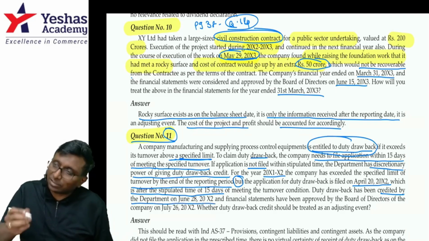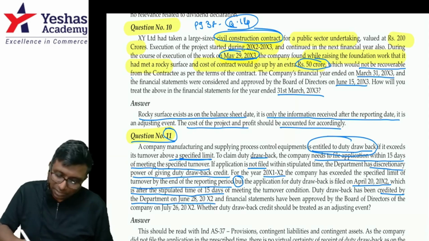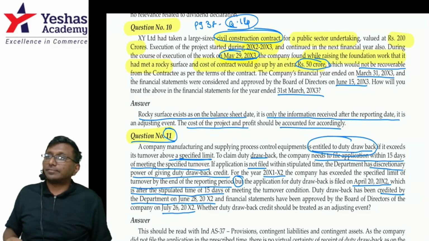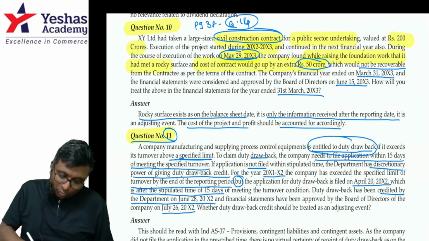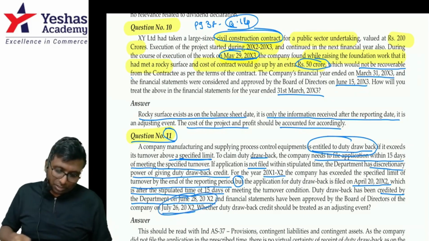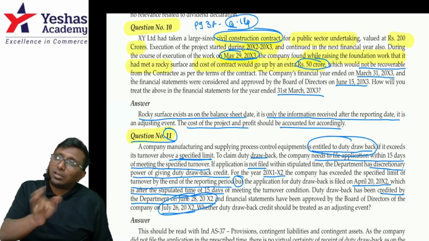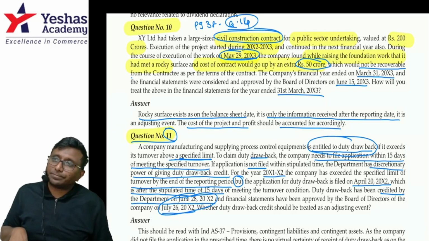They got the money; the officer approved, and the money also came to my bank account. And the financial statements have been approved by the board of directors on June 26th. Means before financial statements are approved, the duty drawback also has come.